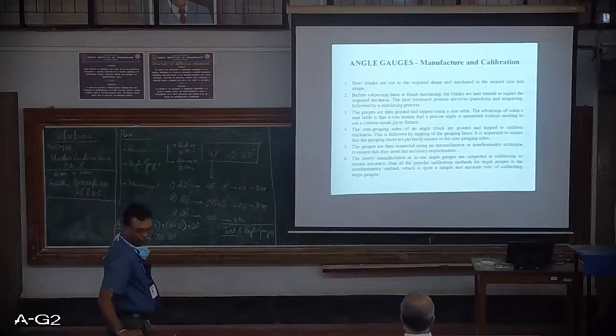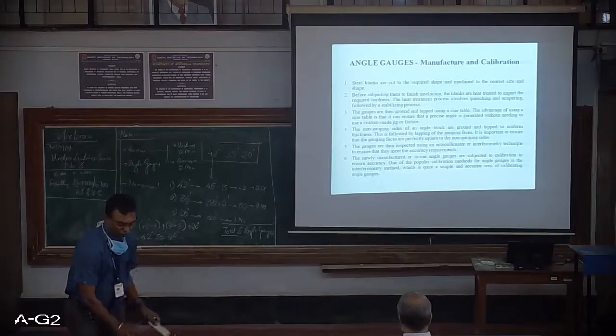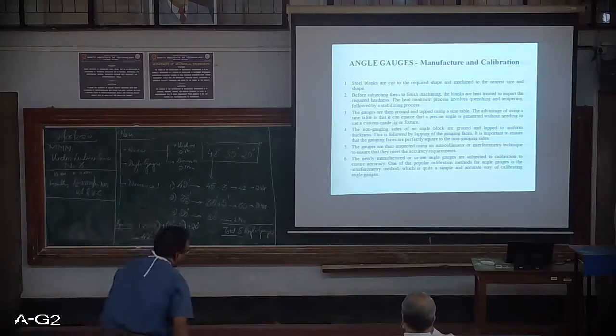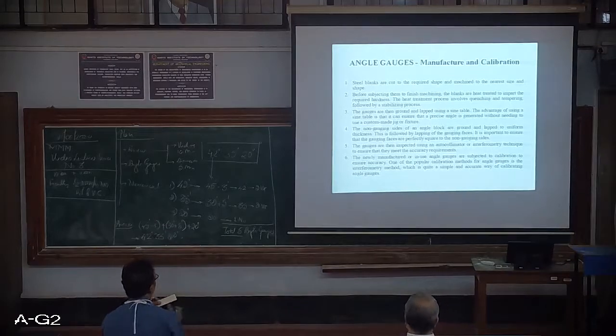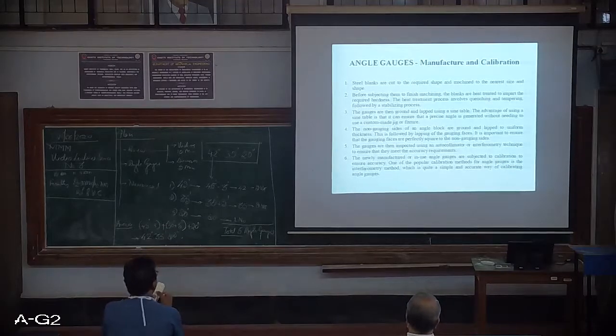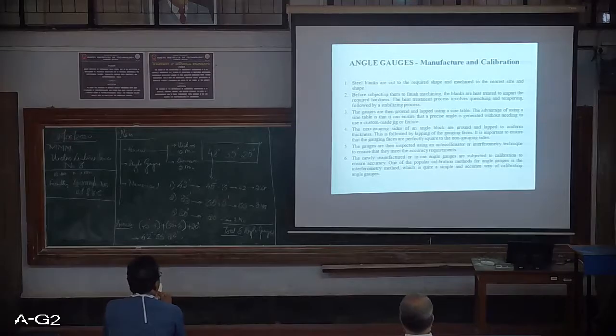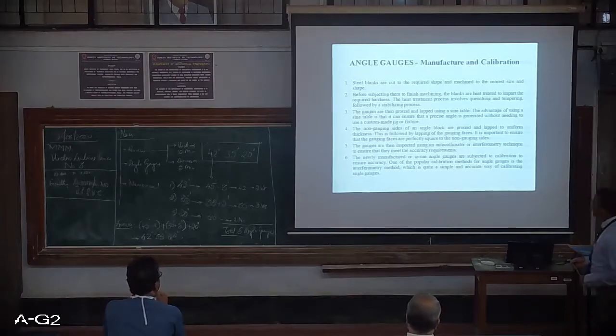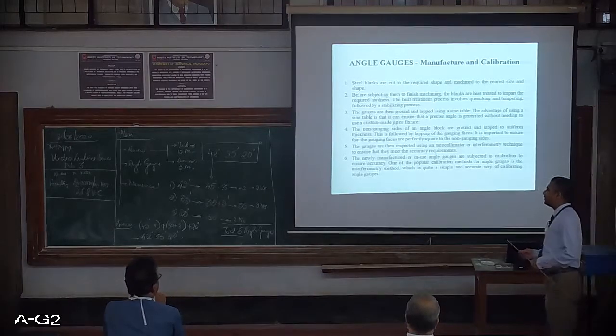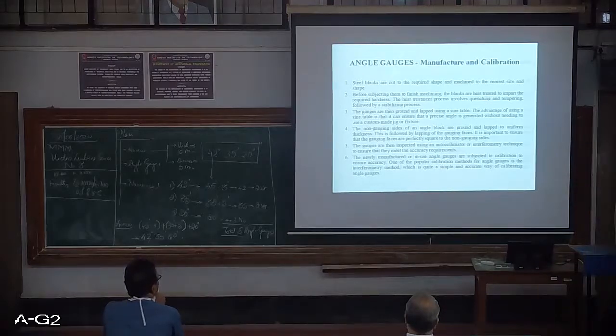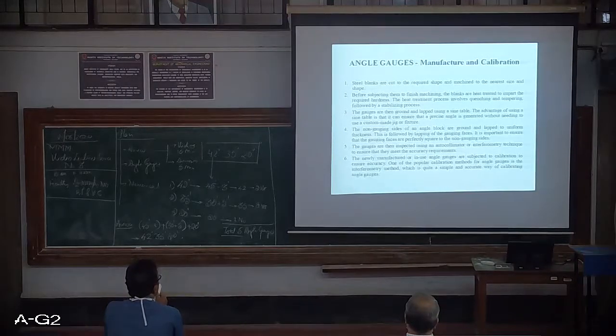So the next topic is angle gauges, manufacturing and calibration. So how are angle gauges manufactured? So steel blanks are cut to the required shape and machined to the nearest size and shape. Before subjecting them to finishing operation, the blanks are heat treated to impart the required hardness.